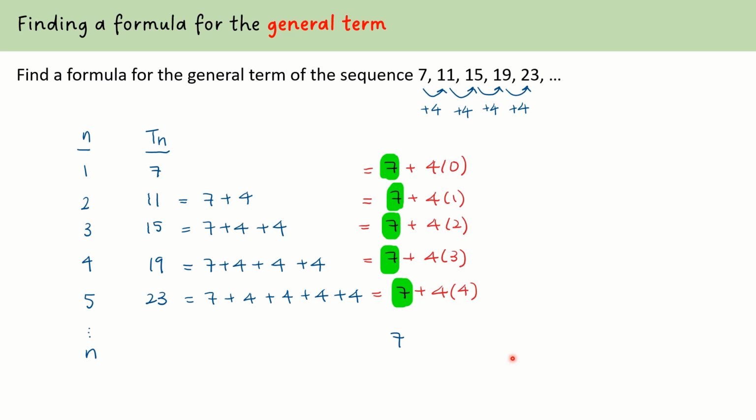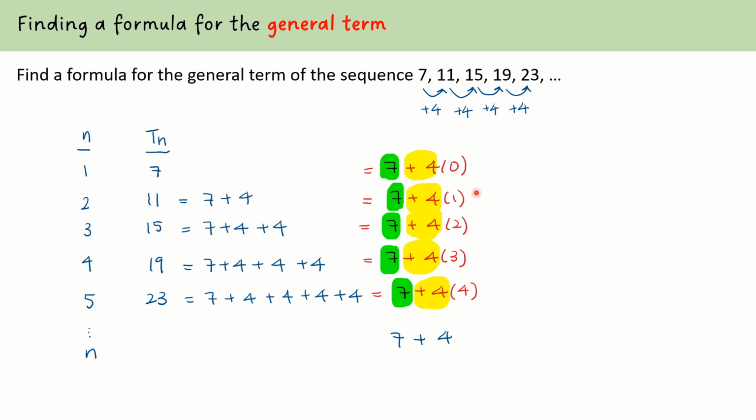There is also another thing that remains constant throughout, and that will be our plus 4. As a result, I will write my plus 4 in as well. What changes throughout my sequence are the numbers that are found in the brackets.